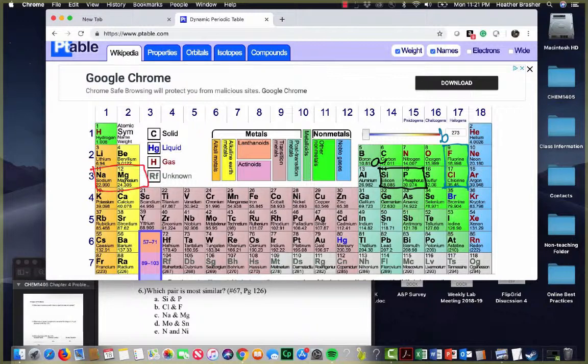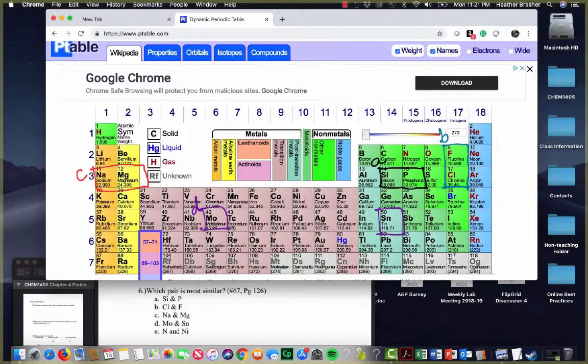This is C. We have tin here, and we have molybdenum over here. That is D.